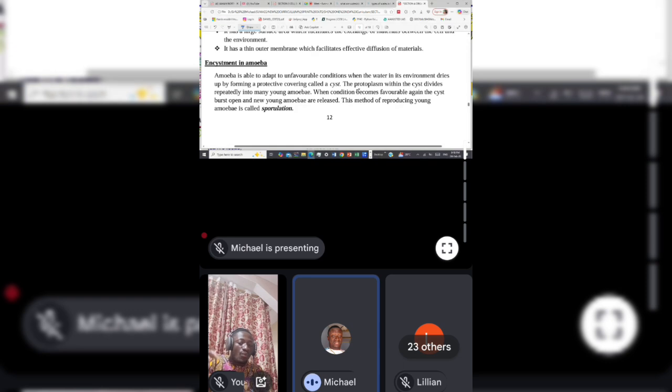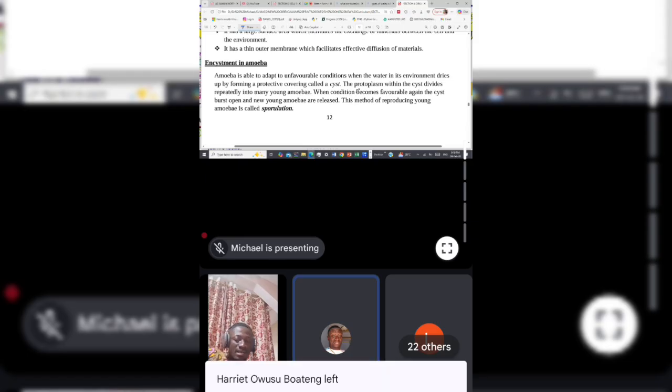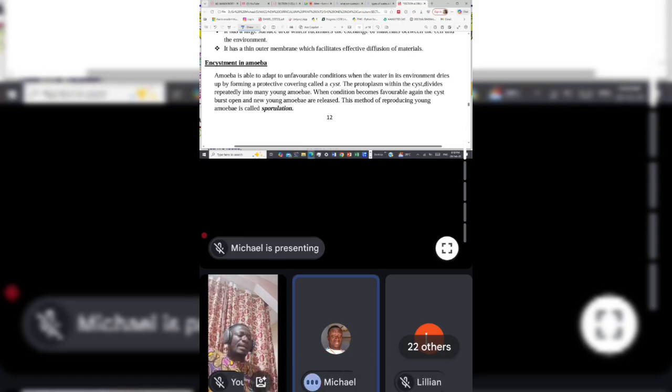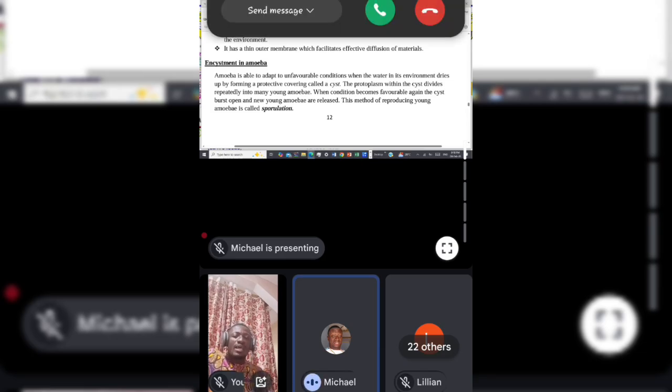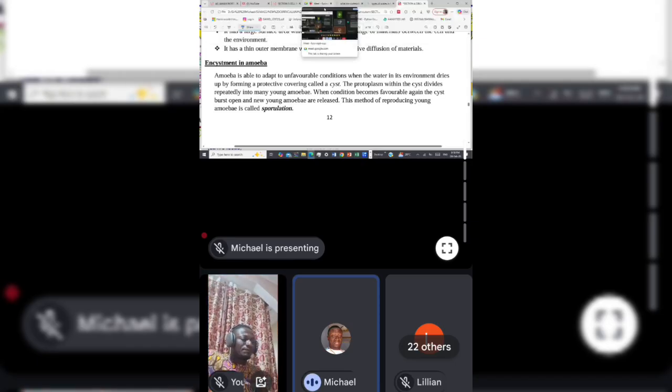When water touches it, it dissolves, it opens up, and we get new young amoebae that come out as the new organisms. So we call that sporulation. But when things are okay, it undergoes binary fission. When things are not okay, it can undergo what we call sporulation. So that is the encystment in amoeba.